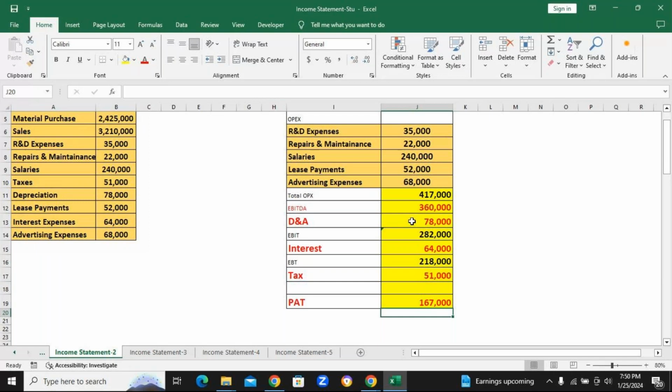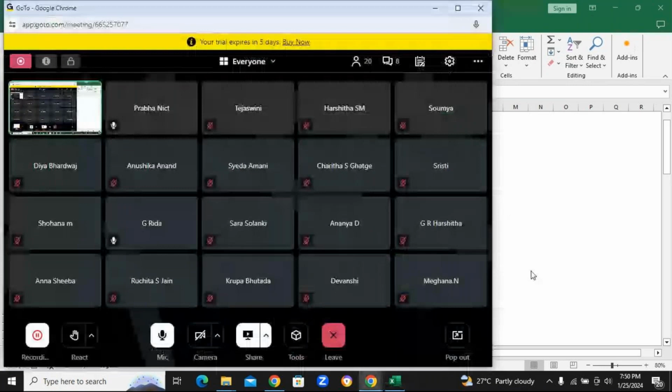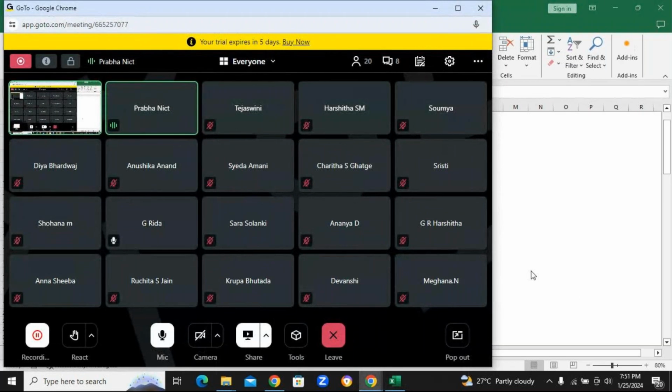If anybody is having any doubts related to whatever we have covered today, you can get it clarified. If all these three income statements are clear, type in 1. Only 3 people have understood. What about others?